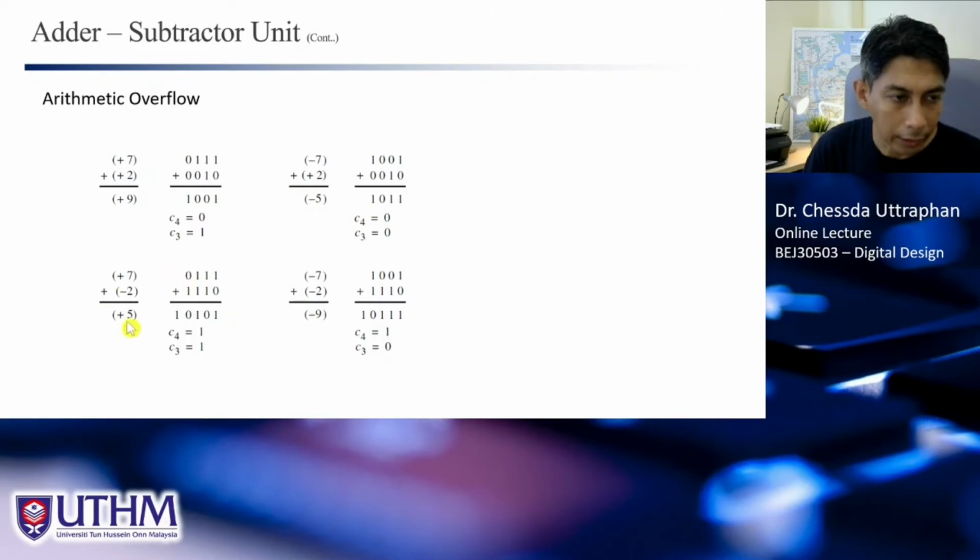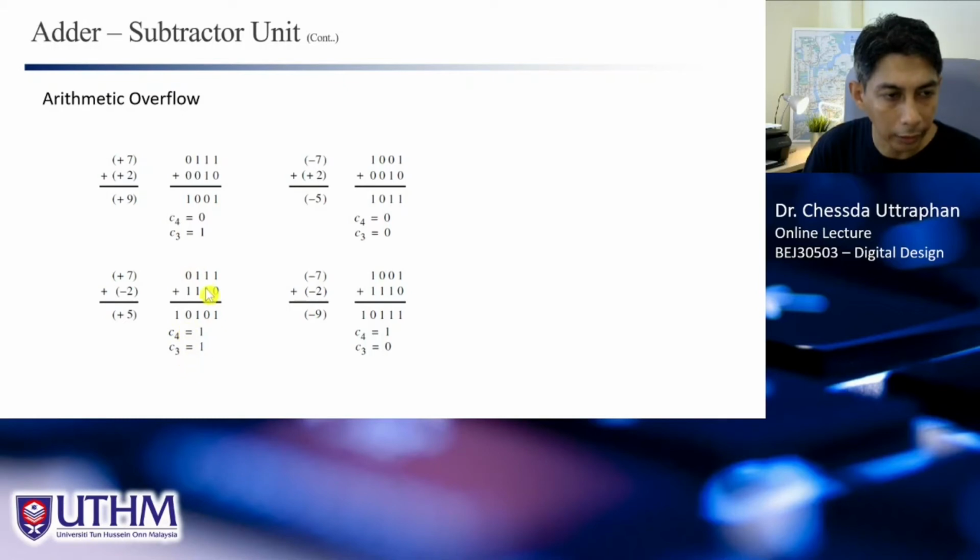Let's look at this case. Positive 7 minus 2. We have positive 5 result. And we add here in binary. We add, we have this, add, we have this, add, we have this, until we have this. In this case, C4 equal to 1, yeah, because we add this with this, the carry, we have 1 and 1 here, right?